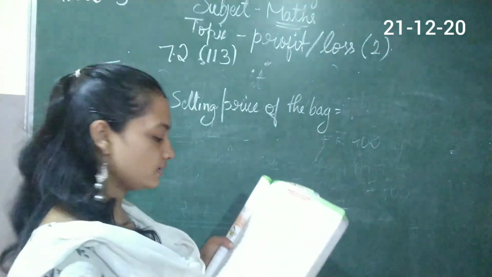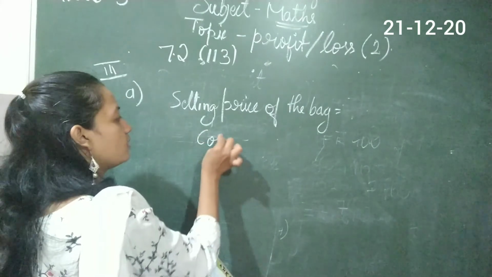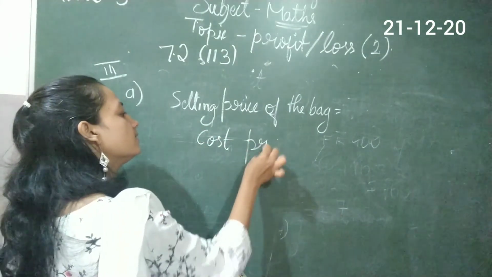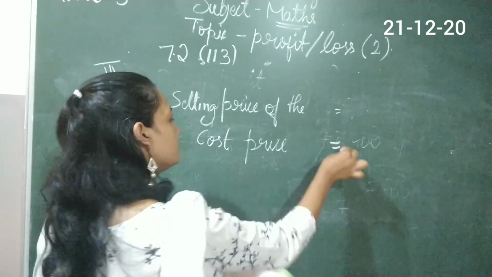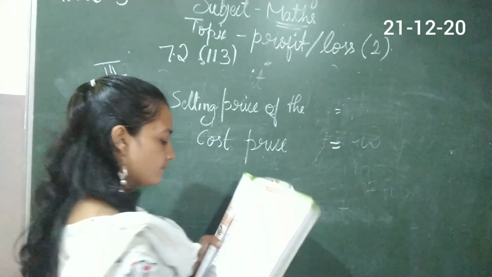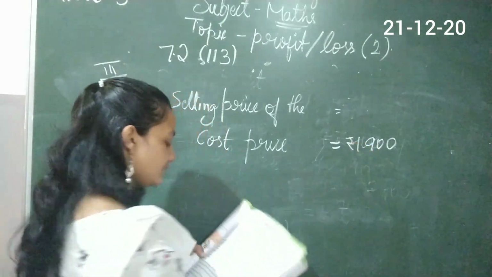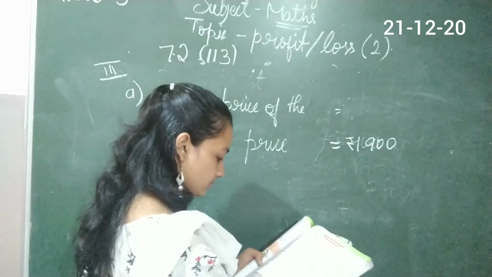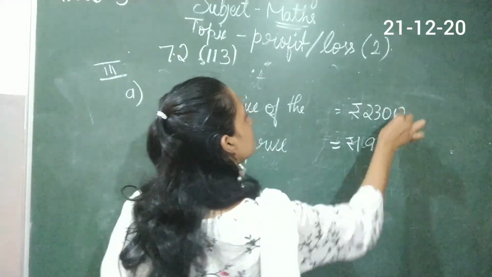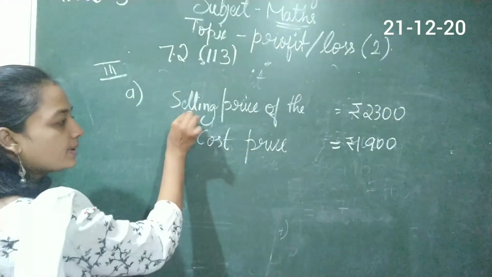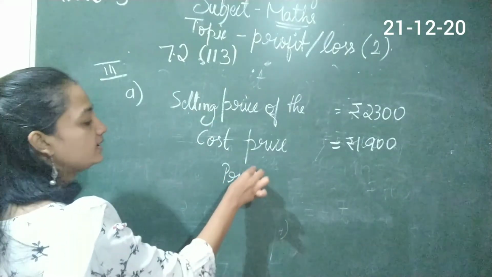First, the cost price of the radio is 1,900 rupees and the selling price is 2,300 rupees. Here the selling price is more than the cost price, so it is absolutely a profit.